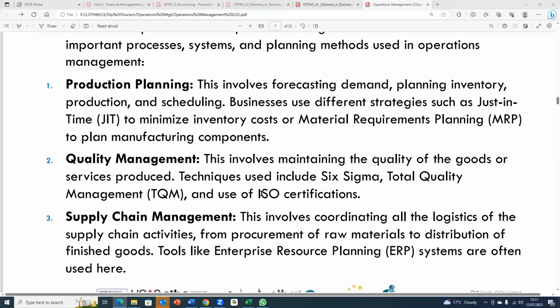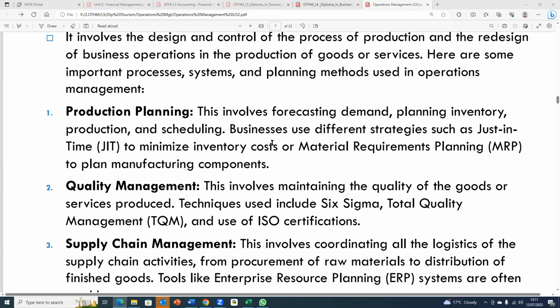One of the techniques is MRP, which is material requirements planning, or maybe JIT, which is just in time, when you need to order some inventory, or EOQ, economic order quantity. You can use that for systems, or to hold the inventory at minimum order quantity, right? EOQ, economic order quantity. So you can use these in planning.